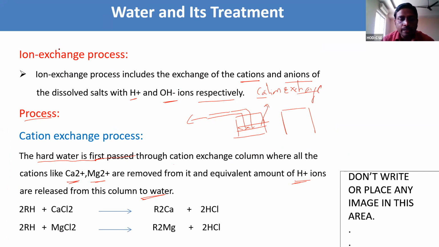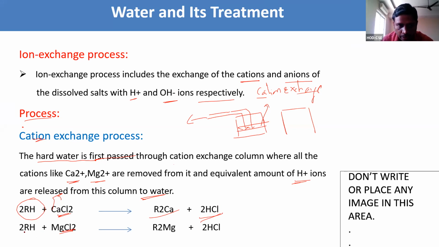Hard water contains calcium chloride and magnesium chloride, which pass through the cation exchange resin. RH reacts with CaCl2 to form R2Ca plus 2HCl.